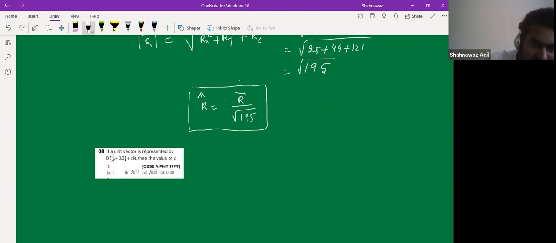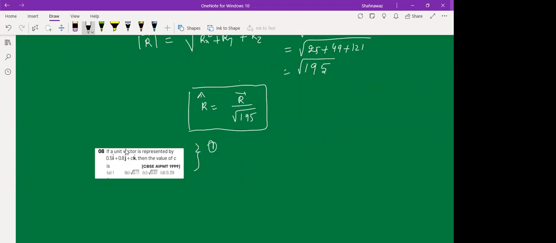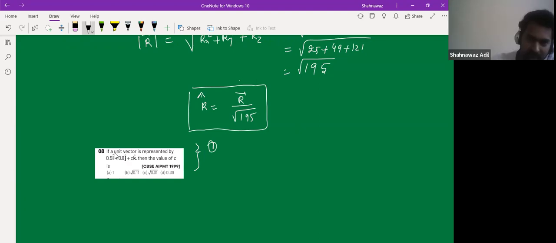Let's dissect this question. If a unit vector is represented by 0.5i plus 0.8j plus ck, then the value of c is what? The first information given is that this is a unit vector.